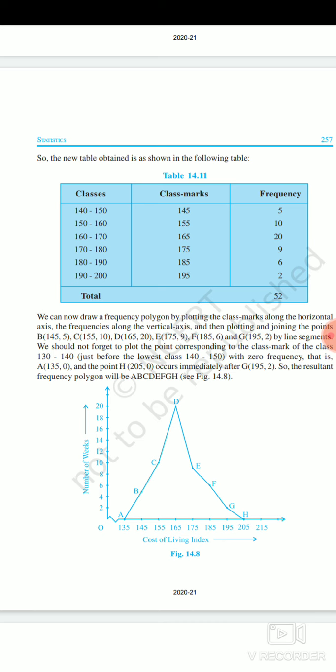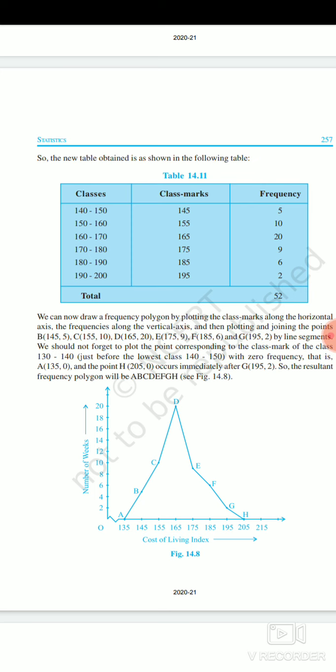But here 140 is not a midpoint, it is the starting point. So here you are going to plot your frequency polygon at the midpoints, no? So just think about the midpoint of the previous class interval, 130 to 140, which is 135. That's why your starting point is 135, or just 140 minus 5 and 200 plus 5, since the class width is 10.